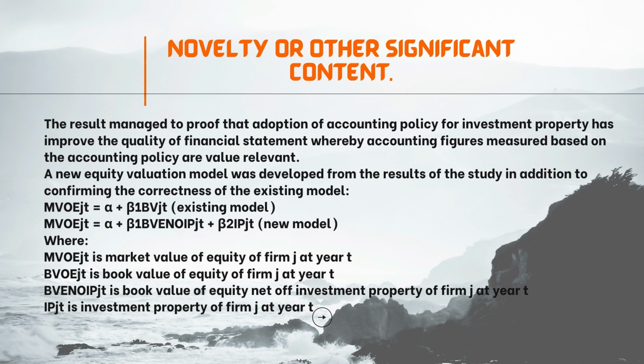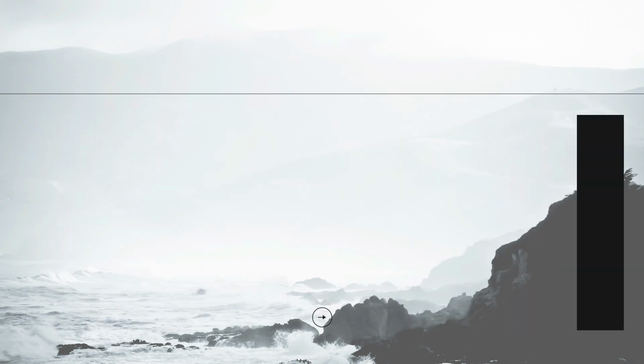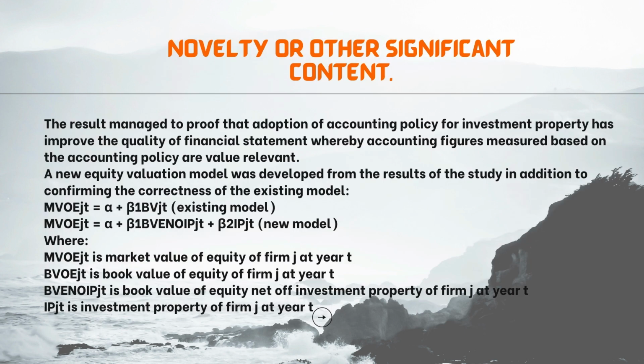It can be seen from the increase in the explanatory power for market value of equity when investment property was separated from the book value of equity. A new equity valuation model was developed from the results of the study, in addition to confirming the correctness of the existing model. What is the existing model? The existing model is market value is equal to book value.